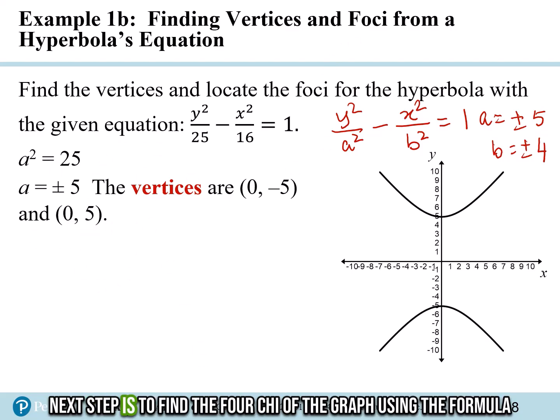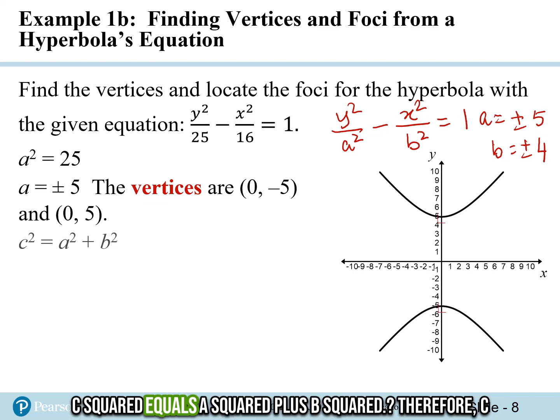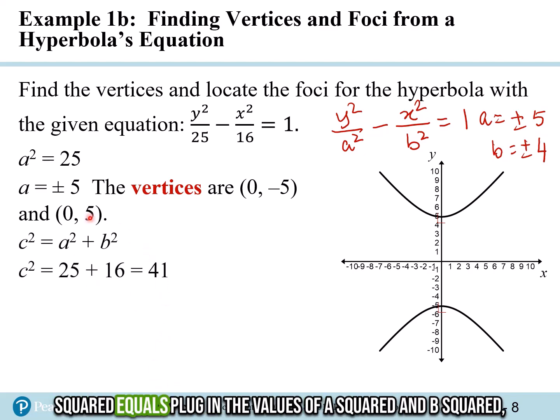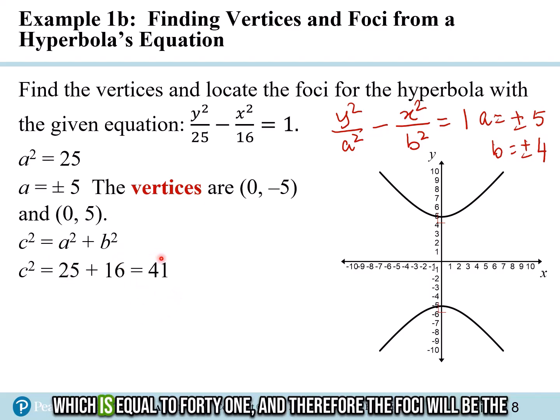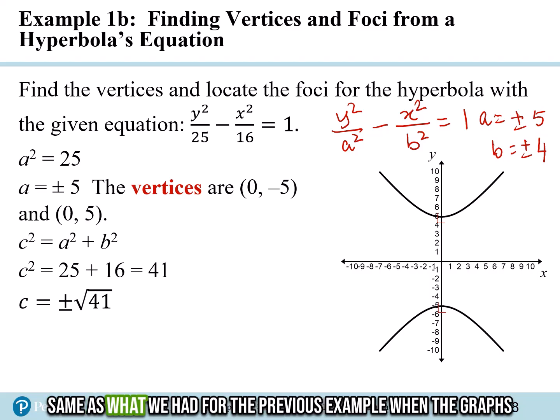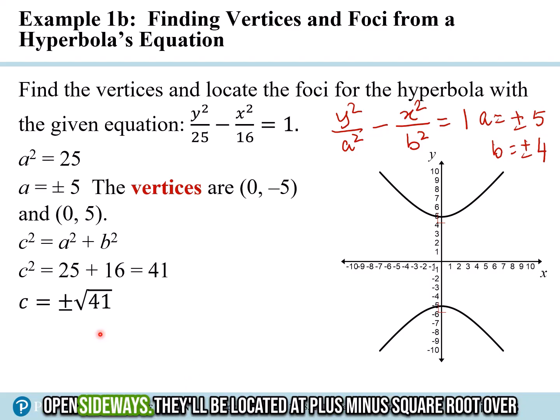The next step is to find the foci of the graph using the formula c squared equals a squared plus b squared. Therefore, c squared equals, plug in the values of a squared and b squared, which is equal to 41, and therefore the foci will be the same as what we had for the previous example when the graphs open sideways.